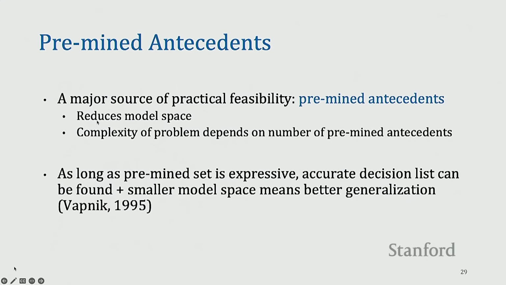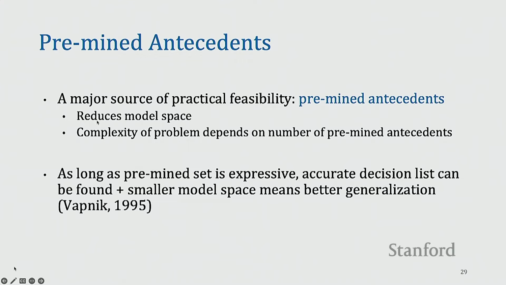All right. So one of the major sources of practical feasibility here is this set of pre-mined antecedents, or pre-mined left-hand sides of these rules. That helps them reduce the model space, because you're essentially searching over those rules only in order to find your final list, right? So if your candidate rule set is small, then you have a smaller search space to look at, right?